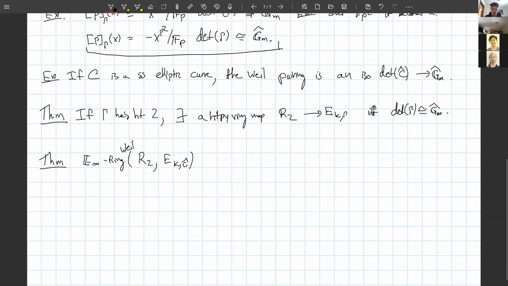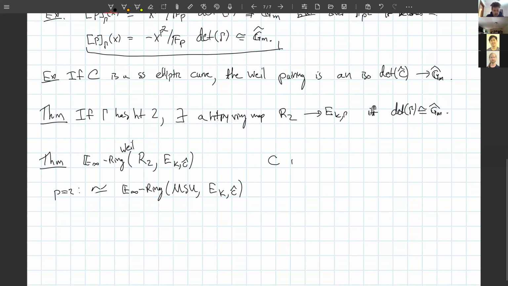When p equals 2, these are equivalent, as a space, to E-infinity ring maps from MSU to E_K(C hat).